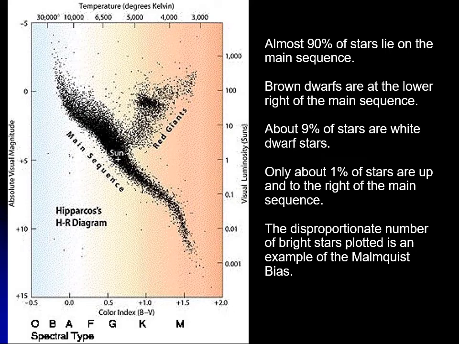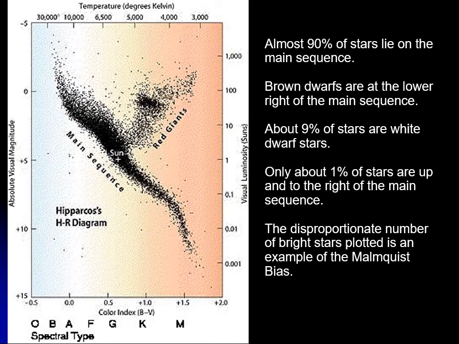Now, the interesting thing is that as you go down here, these stars are very, very dim and very hard to see. When you go out and look at stars, the stars that you see are typically these stars because they're the bright ones you see in the sky. Okay, they're not really the most common kind of stars. Most stars are like that.